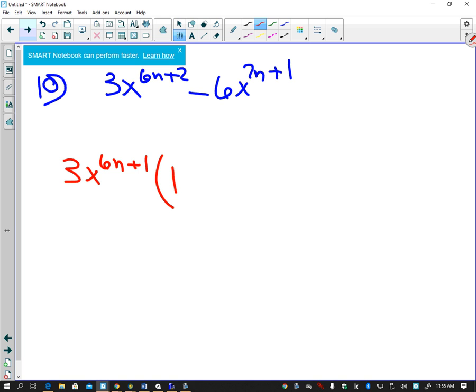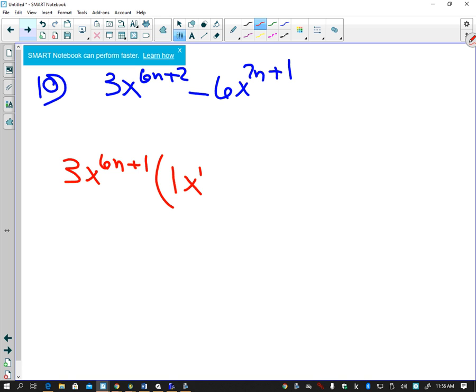I don't need another n, right? But I do need another x so that I can get x to the second. All right. So if you wanted to write it as 1x to the first, just so that you know where everything is going, 3x to the 6n plus 1 times x would get me 3x to the 6n plus 2. Correct?